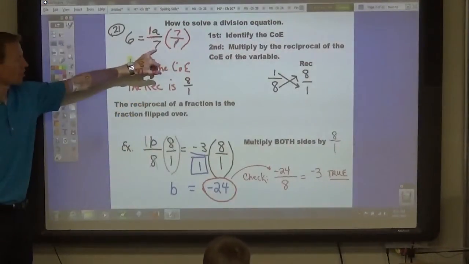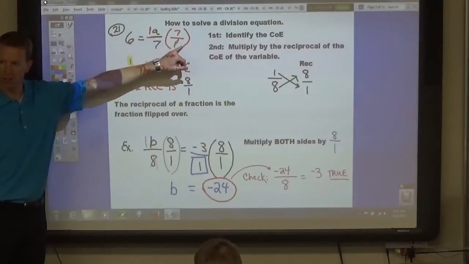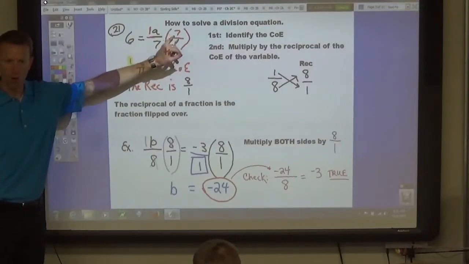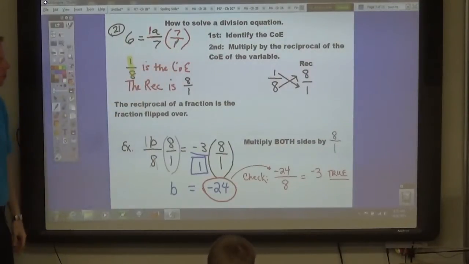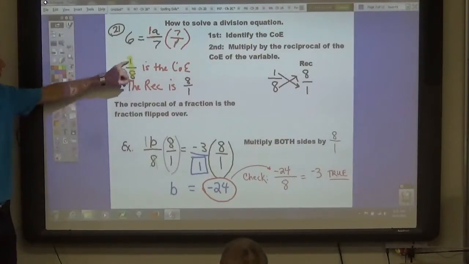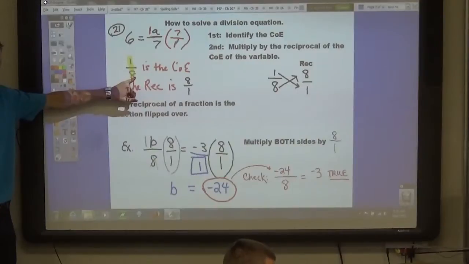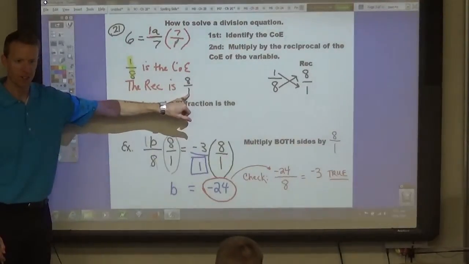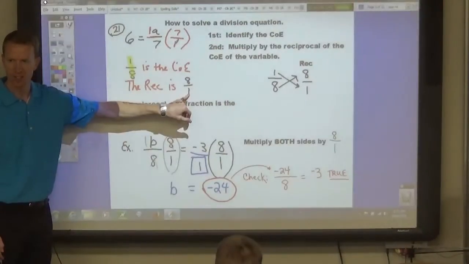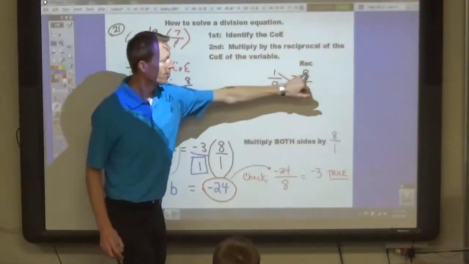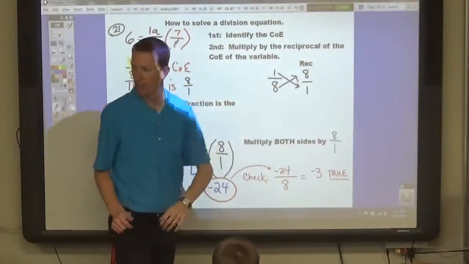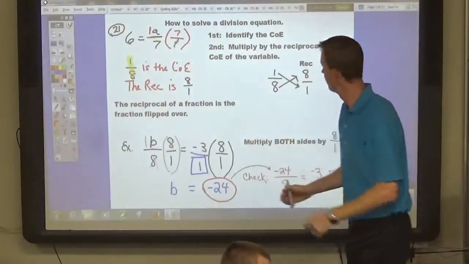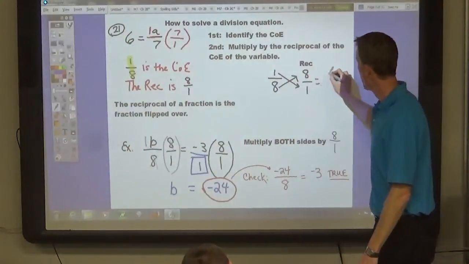It's this fraction flipped over. 7 over 1, 1 over 7 are reciprocals. If the coefficient is 1 over 8, then the reciprocal is 8 over 1. Right? See? 1 over 8, 8 over 1. The fraction is flipped over. That equals 1.